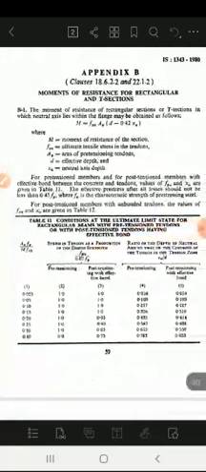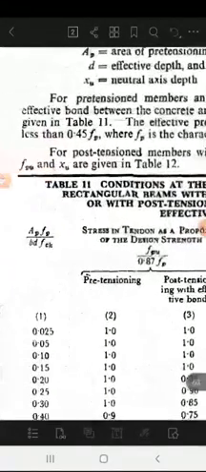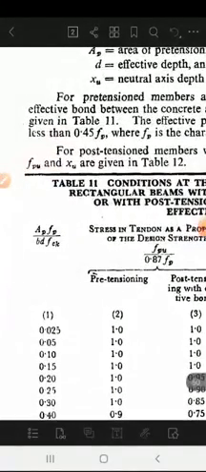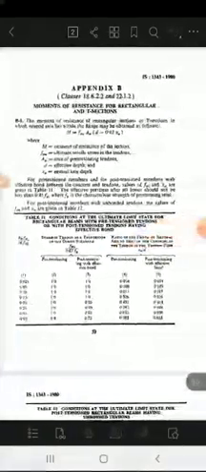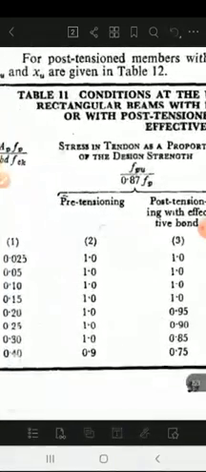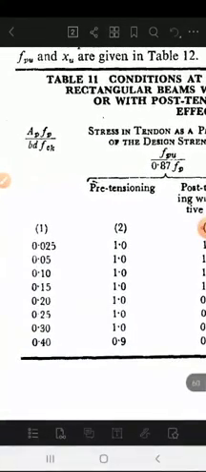AP is the area of pre-stressing cable, FP is the characteristic strength, B is the width, D is the effective depth, and FCK is the characteristic strength of concrete. If you calculate the ratio, you get fractions from 0.025 up to 0.04.